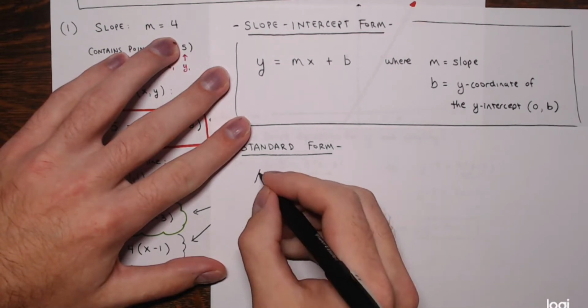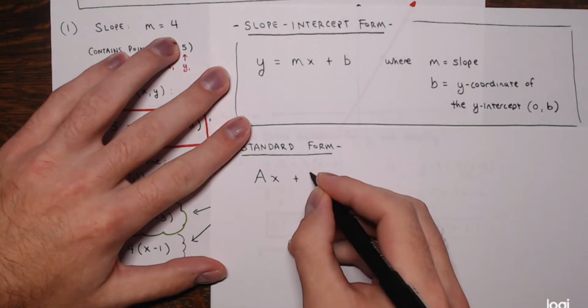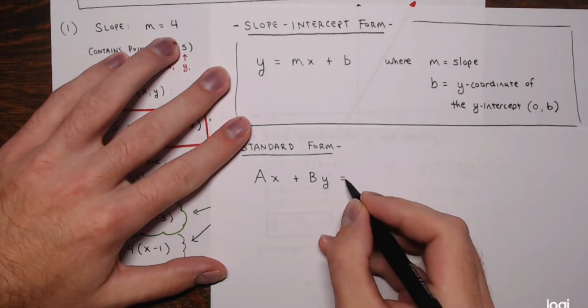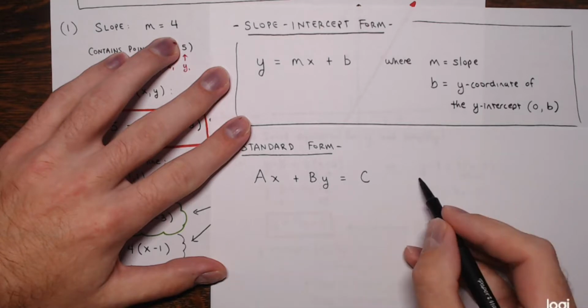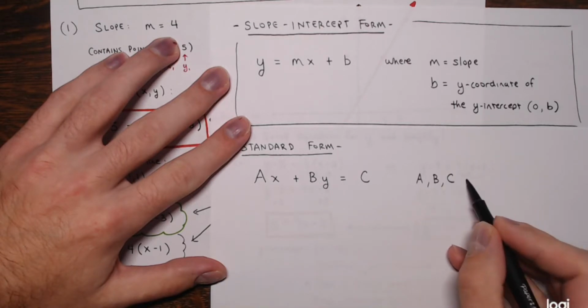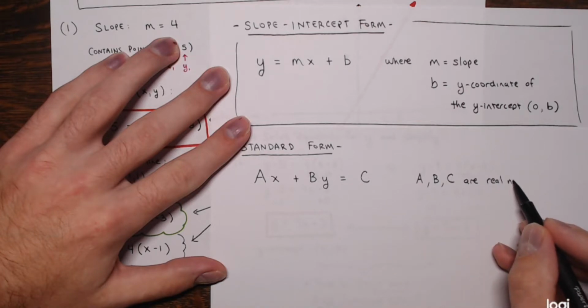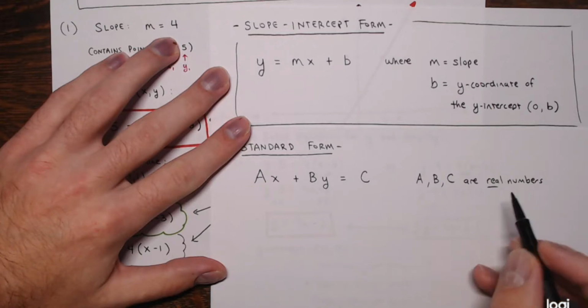It's a times x plus b times y equals c, where a, b, and c are, now I've seen books where they just say it's any real number. They can be any number you want.